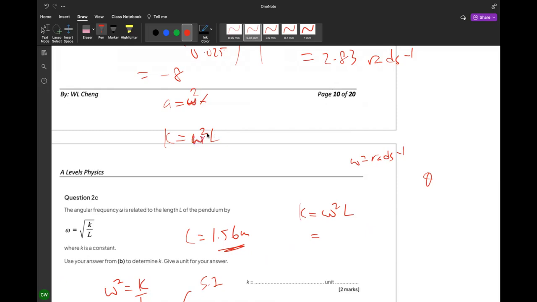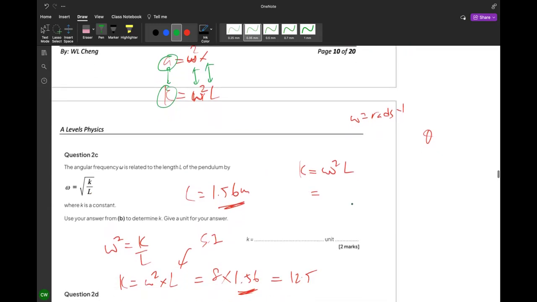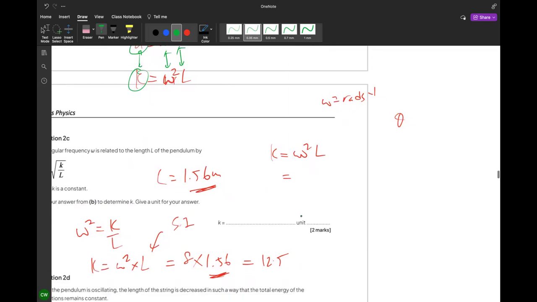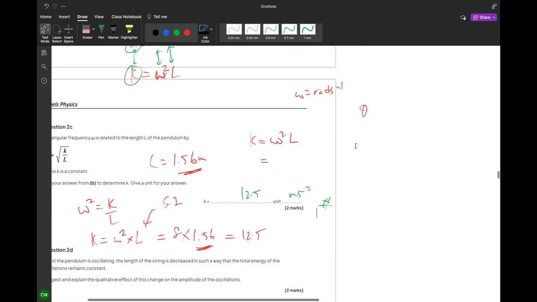So you can see this and this are the same. So the unit of K should be the same as the unit of a. a is the acceleration, so you should write meter per second square. Correct or not? Don't bring in the radian. No radian.